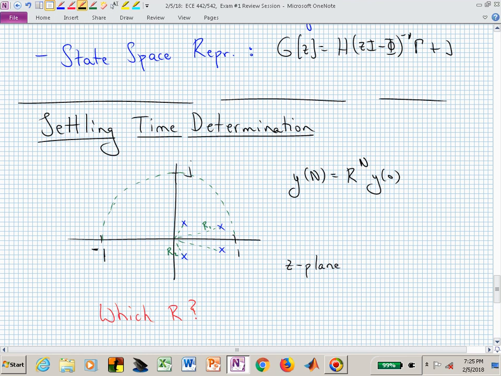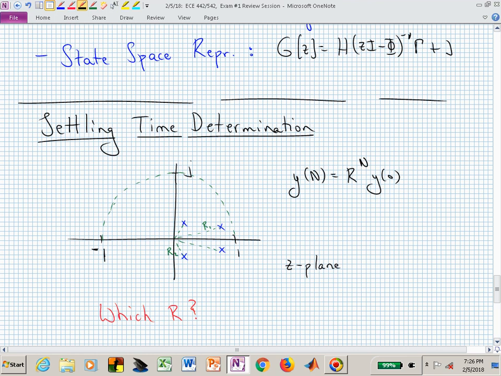And these are supposed to be conjugate pairs. So the x's in the first quadrant are paired up with the x's in the fourth quadrant. They should be mirror images. So R sub 2 corresponds to both of those poles. They're the same distance from the origin.